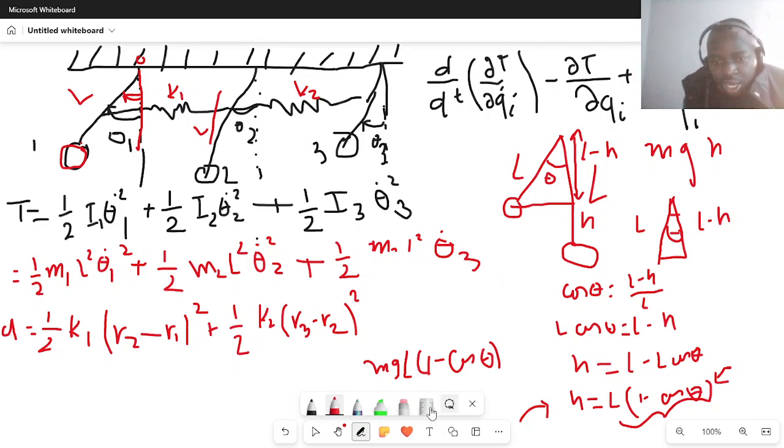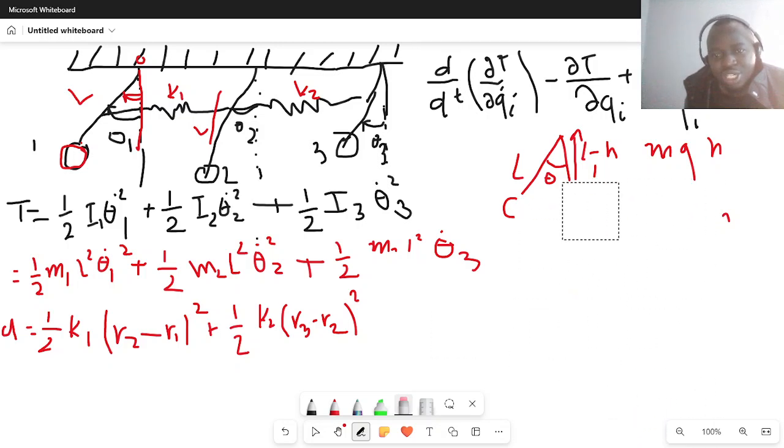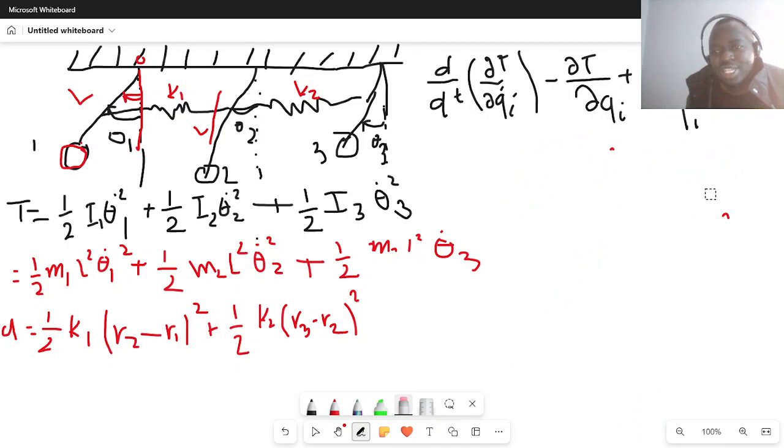Now since we got it, guys, let me erase. Since we know what we are expecting now in the solution, it becomes easier. I'm taking time, and you will see the rest that will follow is just straightforward math. But what is important in this equation? I'm dealing with object 1, mass 1.